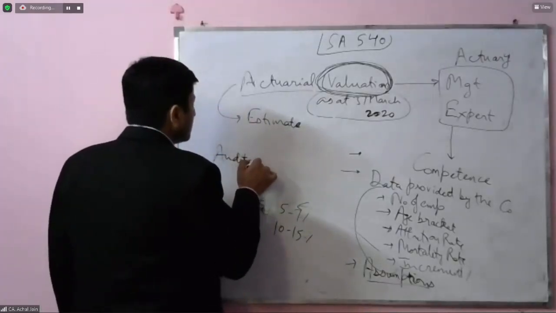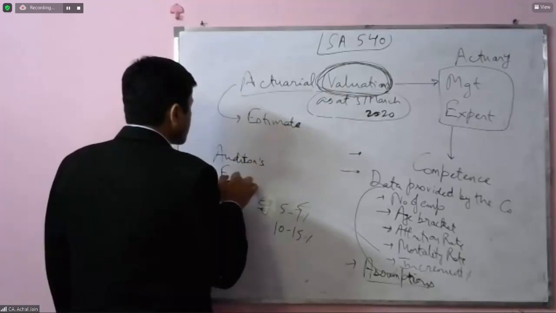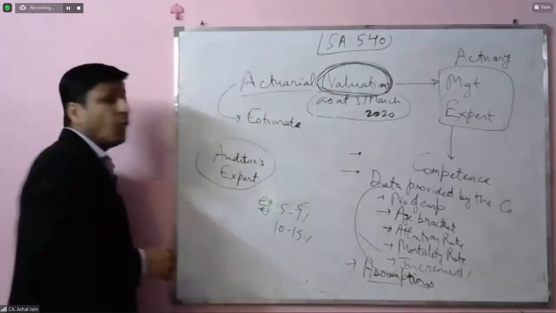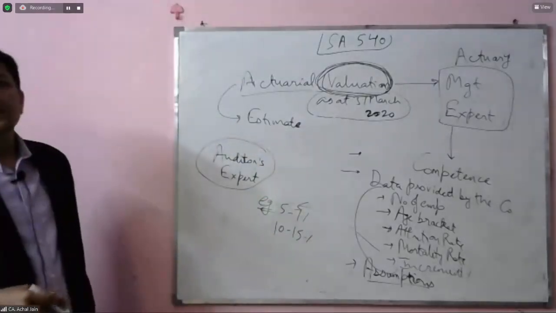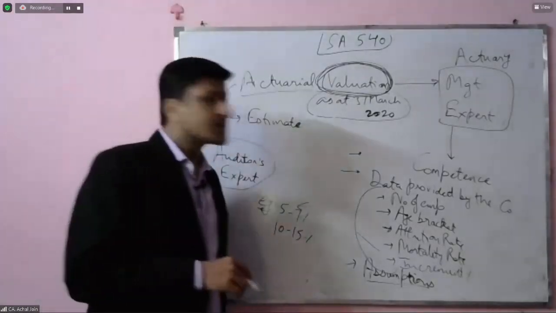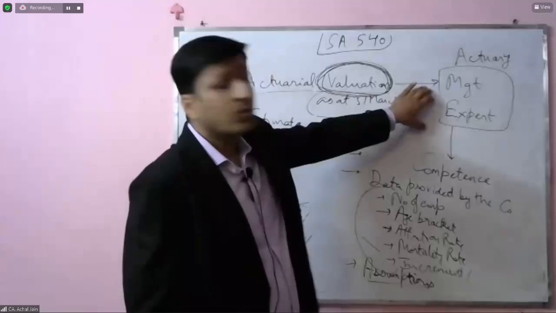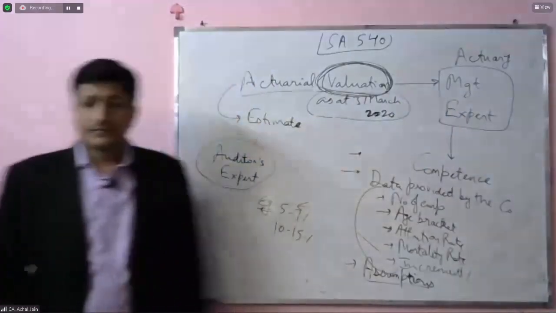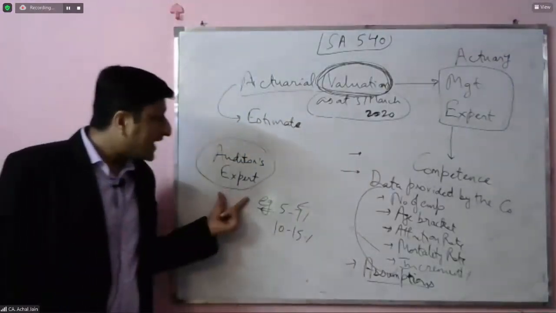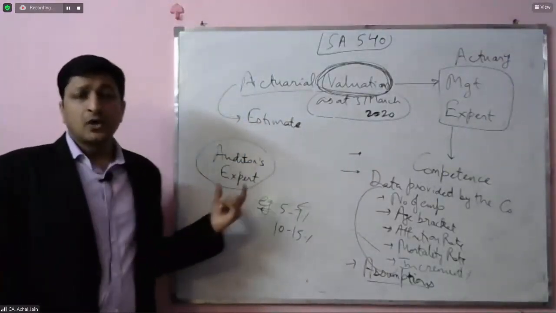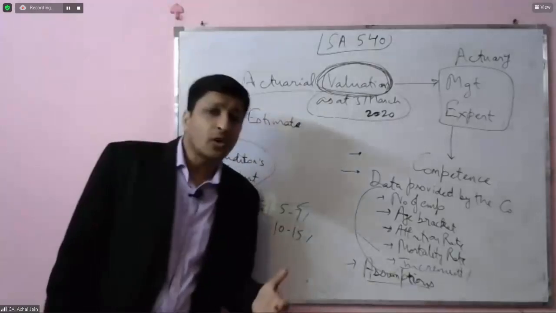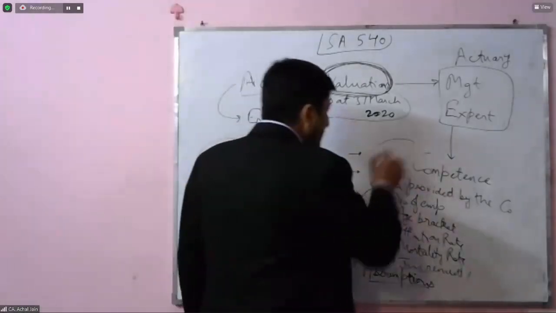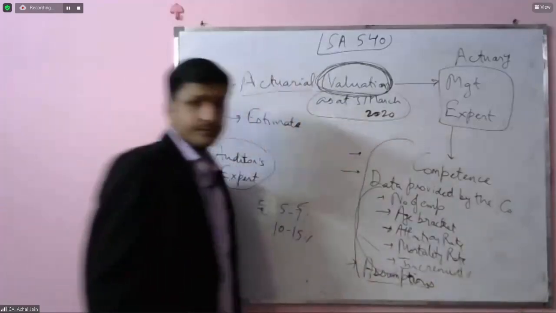The auditor can bring in his own expert, who will have the skill set and the experience similar to what this expert should have had, and who will then engage with the auditor, who will then be part of the audit team in terms of performing all of these audit procedures like we discussed.